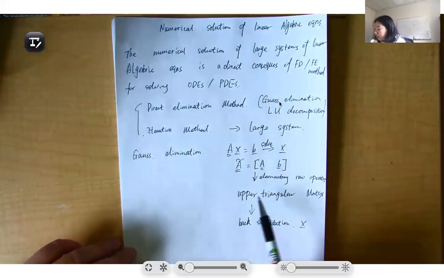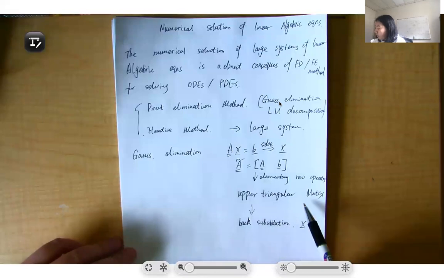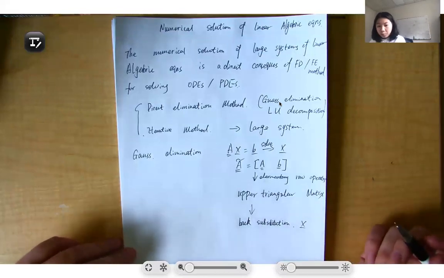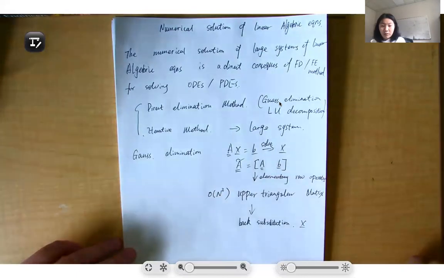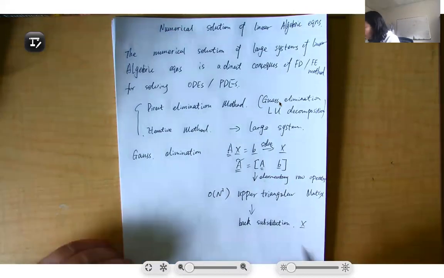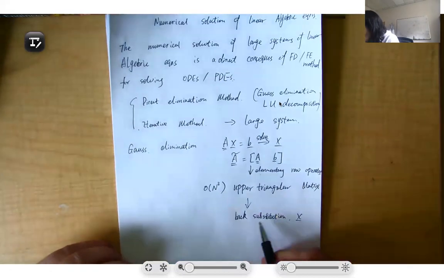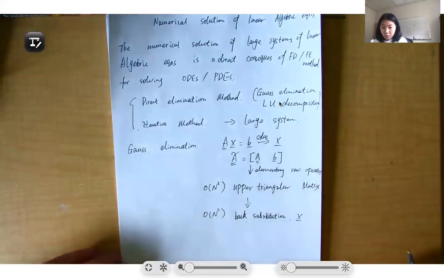And what is the computational expense we mentioned before for Gaussian elimination? For the upper triangular conversion, the computational expense is on the order of n to the third, for n by n matrices. When you do the back substitution, that is on the order of n squared.